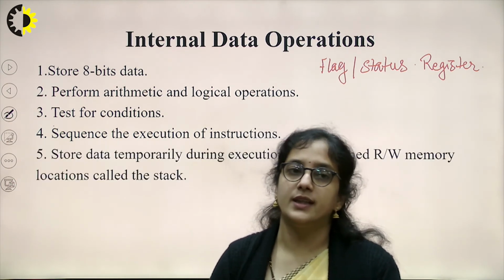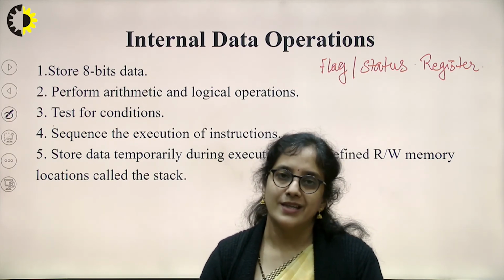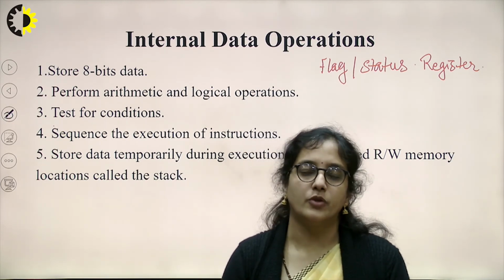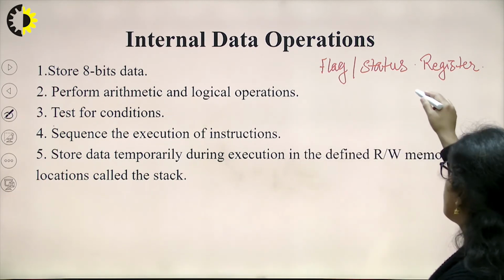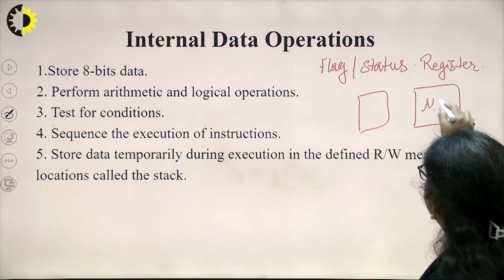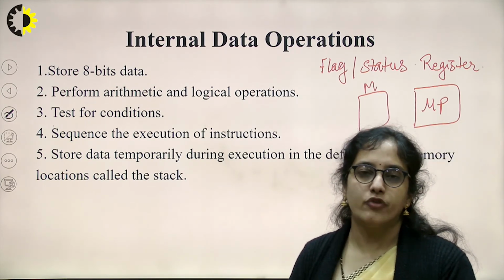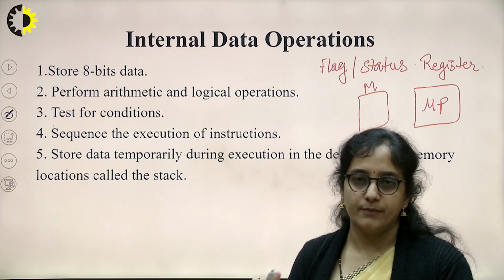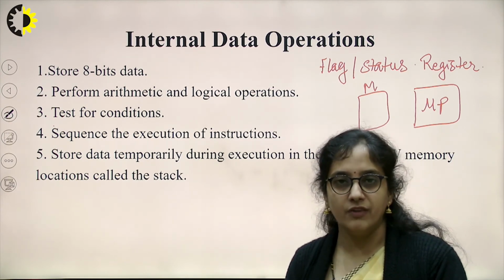Then we have to store the data temporarily during execution in a read write memory, known as the stack. We will discuss the stack in detail later, but here I give you a brief. Whenever the microprocessor is performing some task, it uses a memory unit, and when it needs some registers for performing another task, the temporary data must be stored somewhere else, and it will use that register and again refill that data.